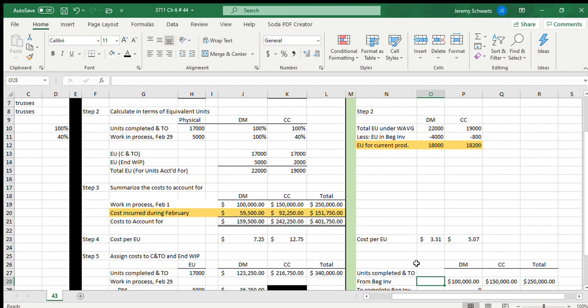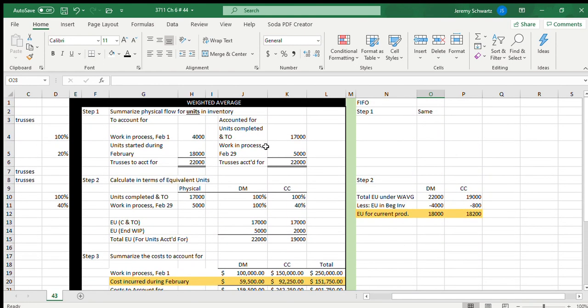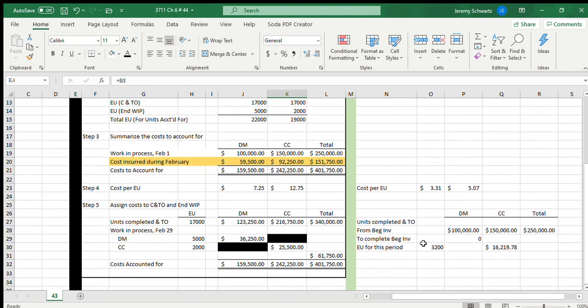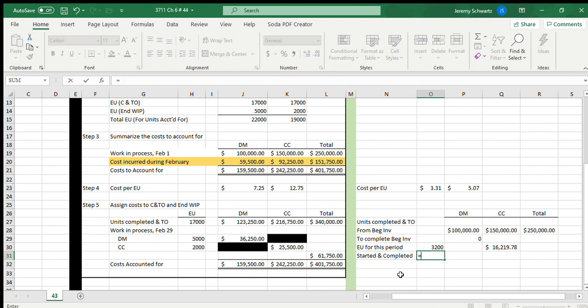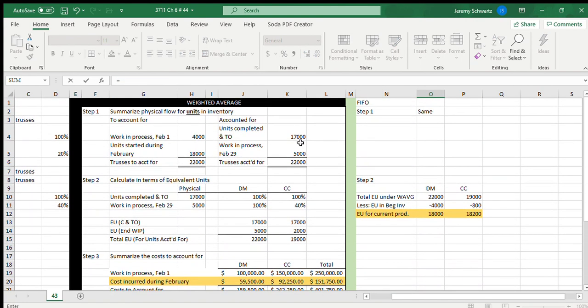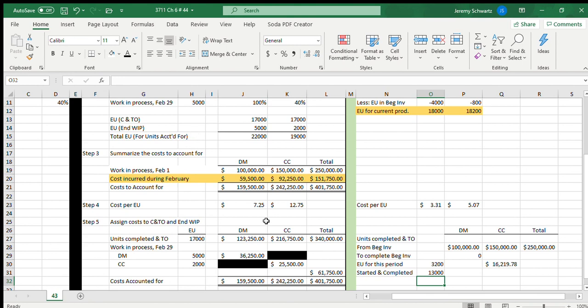So we had 4,000 units overall. Now notice that we had 17,000 units completed and transferred out. So started and completed would be our 17,000 units completed and transferred out minus the 4,000 that were in beginning inventory. So we have 13,000 that we'll need to address.